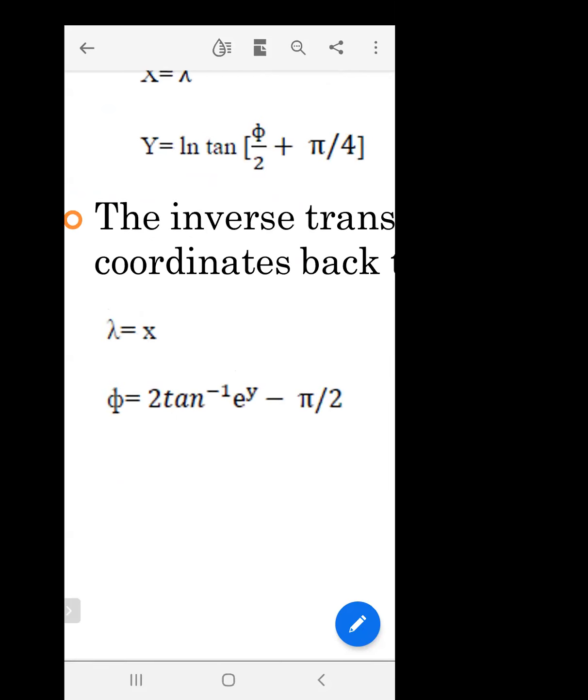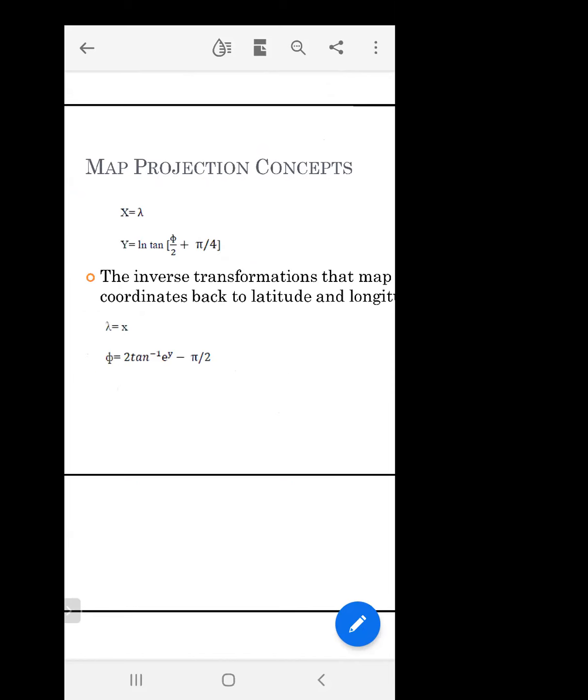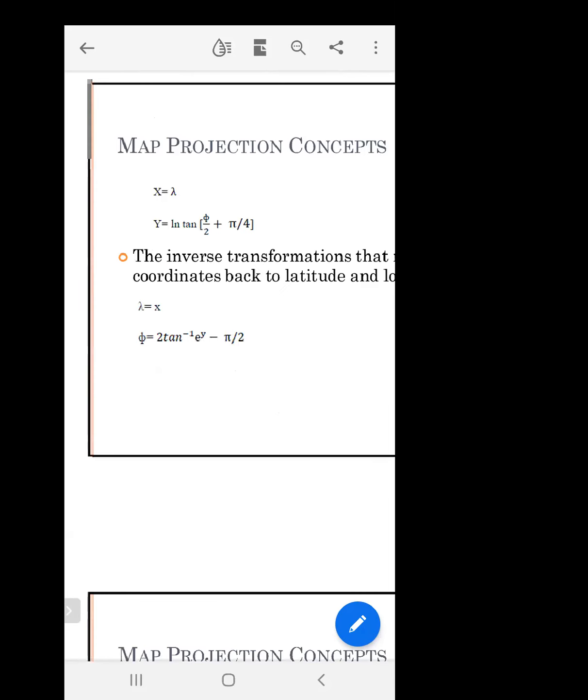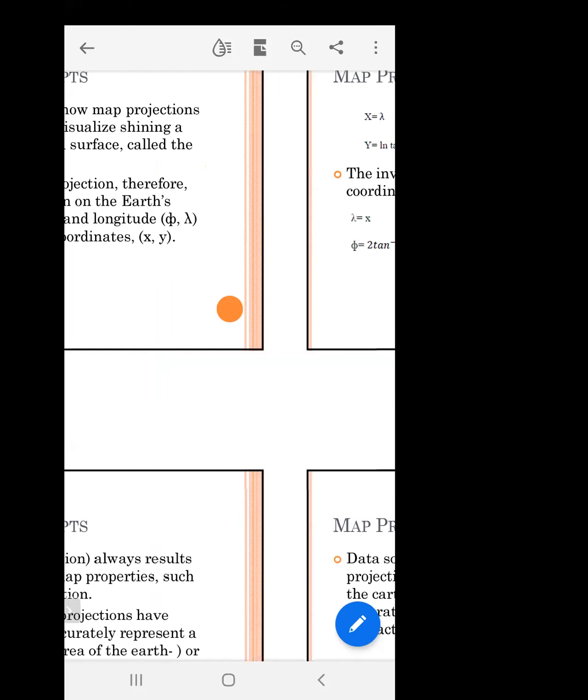This is just for you to appreciate that this is what goes into transforming data which is in 3D to data which is actually in 2D. This is what the computer does. This is what the software does when the transformation is done.